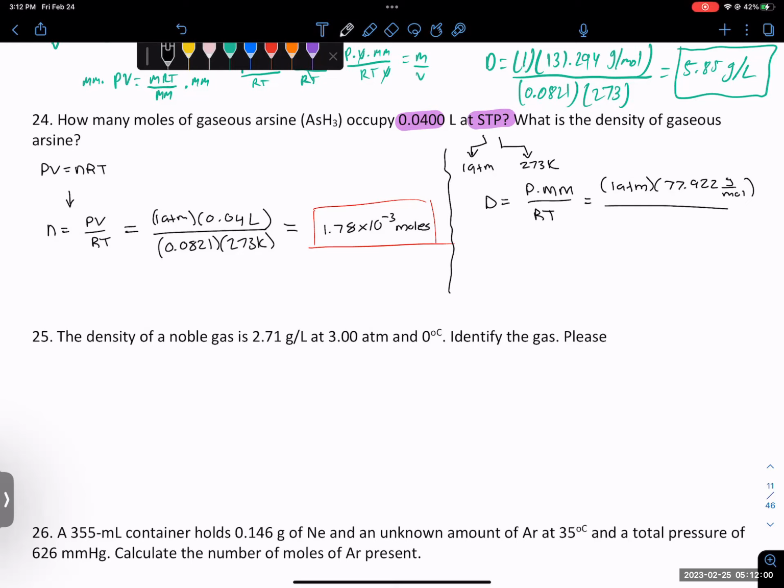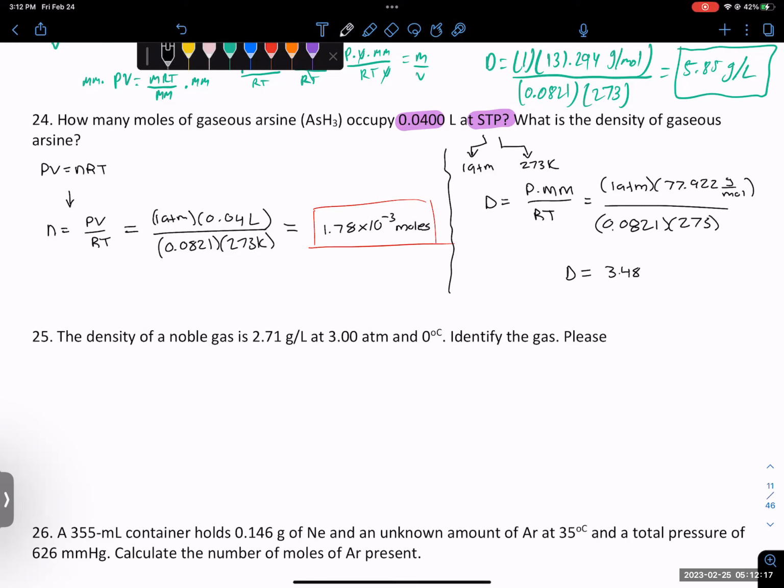And then we have R, which is obviously a constant, 0.0821. And then temperature is 273. This gives us a density of 3.48.